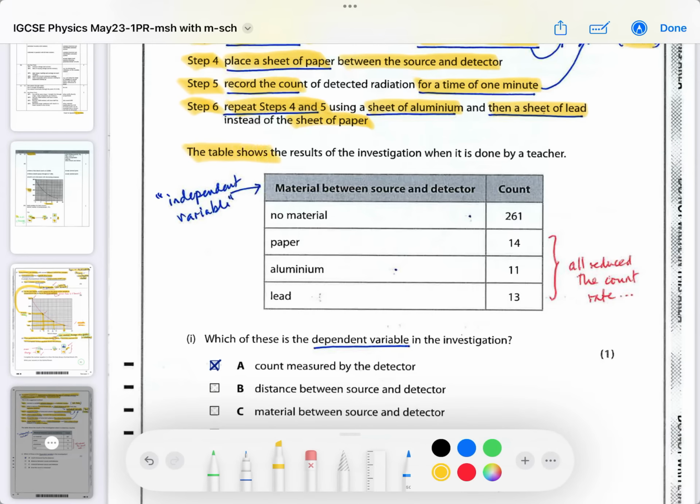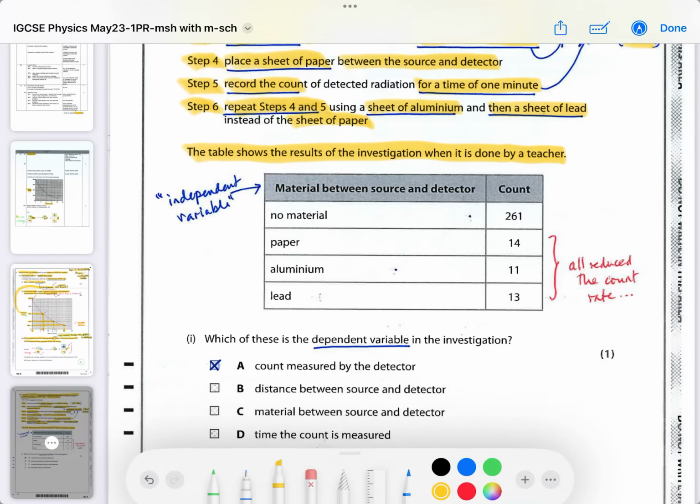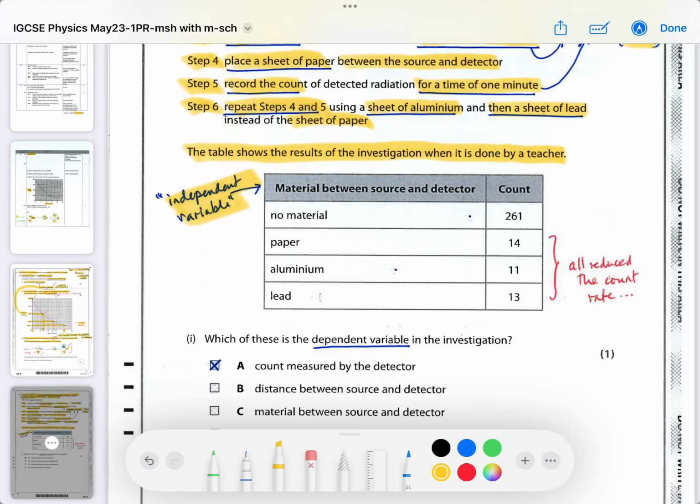So the table shows the results of the investigation done by a teacher. The independent variable is the material and how it affected the count rate. So the count rate is the dependent variable. With no material present, the count rate was very high. With paper, it shot down from 261 to 14.